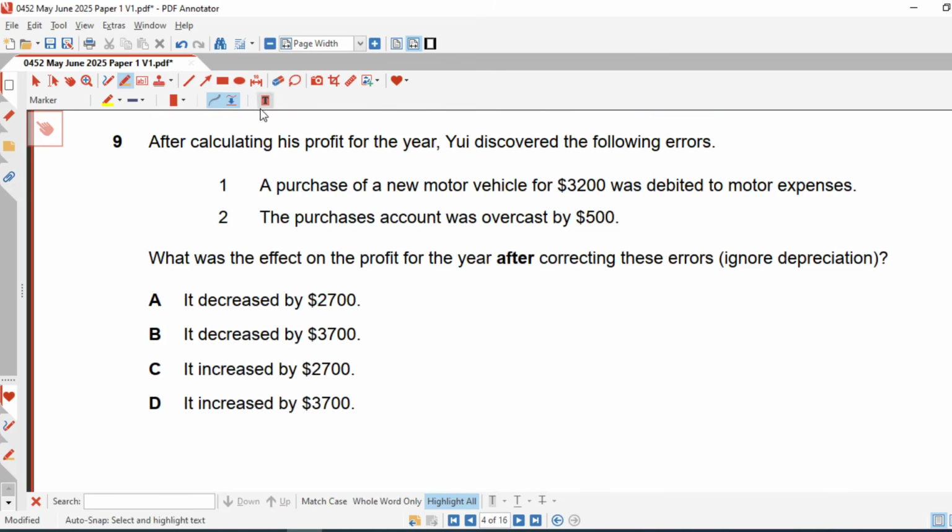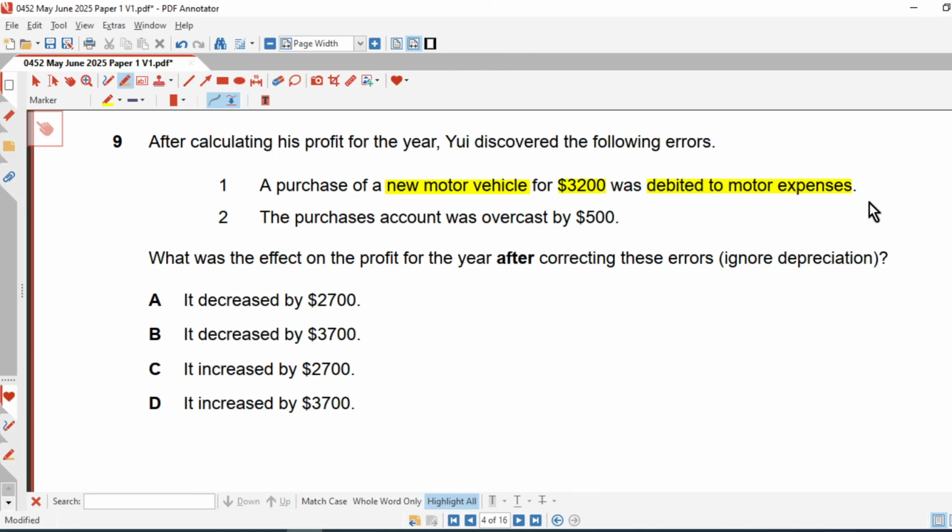After calculating his profit for the year, Yui discovered the following errors. Number one, a purchase of a new motor vehicle for 3,200 was debited to motor expenses.